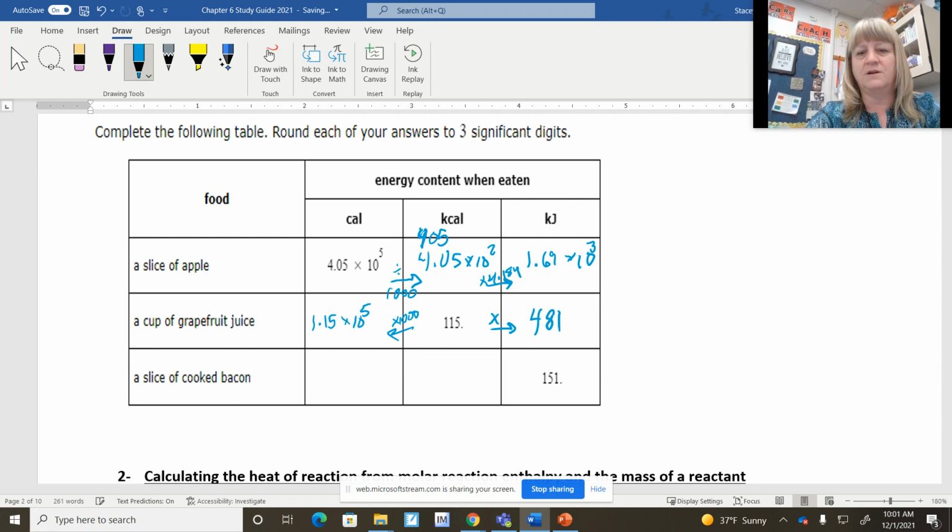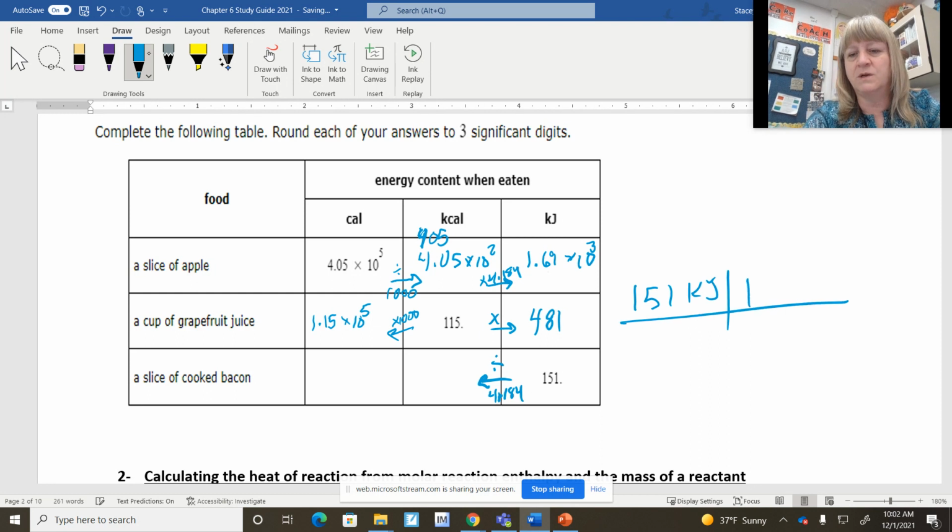So I'm not writing over here anymore. I'm hoping that you'll get what we did up above. But if you need to write it out, do it. So here we're going backwards. So remember here we're going to divide by the 4.184. So I'm going to just set that one up again because that's a little different. We've got a limited amount of time on this. So 151 kilojoules, and then I would just do 1 kilocalorie on the top because that's what I want to go to, and I put 4.184 kilojoules on the bottom.